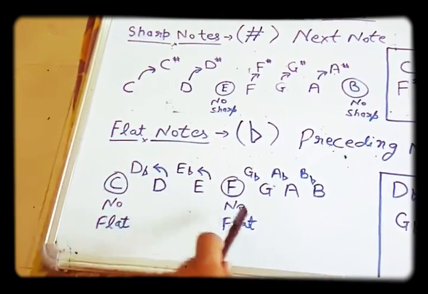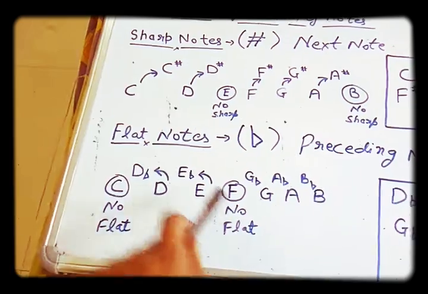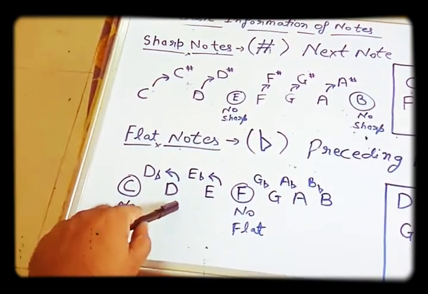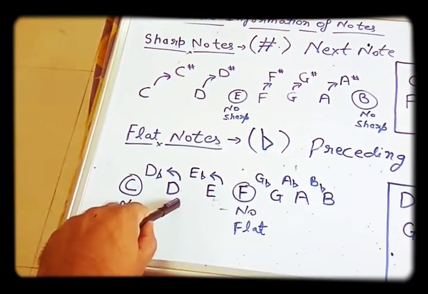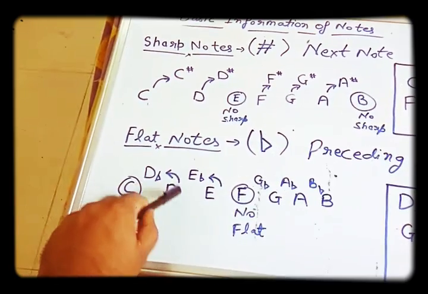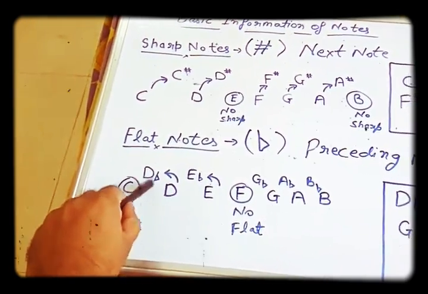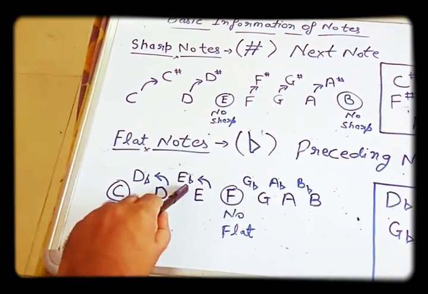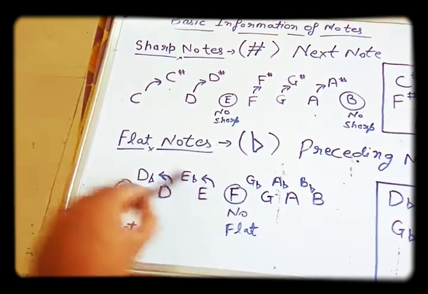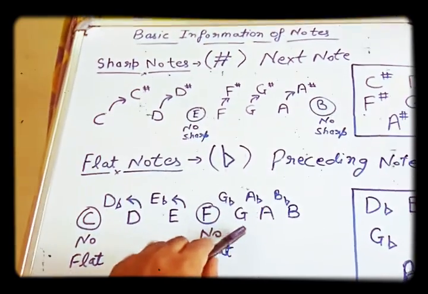So C and F have no flat notes, but you can see D flat comes before the D note, a half step. E flat comes before the E note, and as I've told you, C and F have no flat notes.